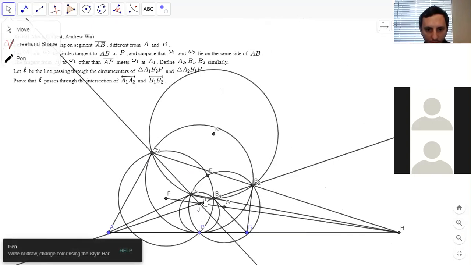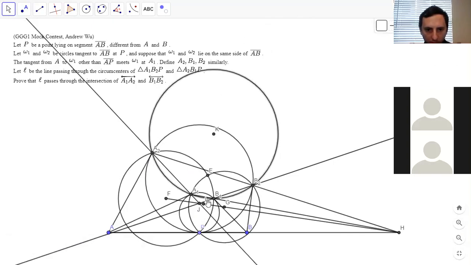Yes. So if we can prove JP is perpendicular to AB, then we will have HL times HJ is equal to HP squared.